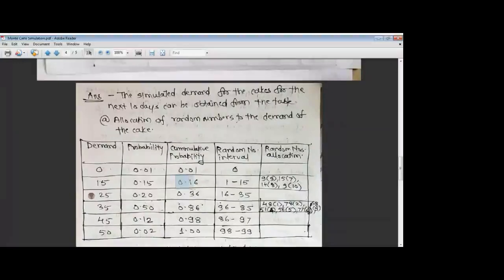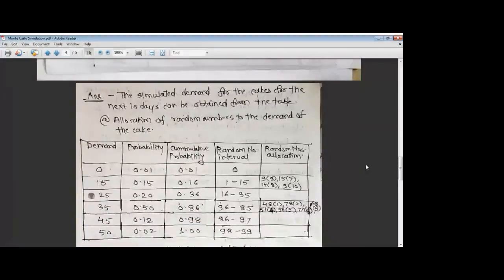The next cumulative value is 0.16 plus 0.20, which is 0.36. The next is 0.36 plus 0.50, which comes to 0.86. The next is 0.86 plus 0.12, which comes to 0.98. And the next is 0.98 plus 0.02, and this cumulative probability comes out to be 1, right? It should come to 1 because it is probability. So we have done this addition.